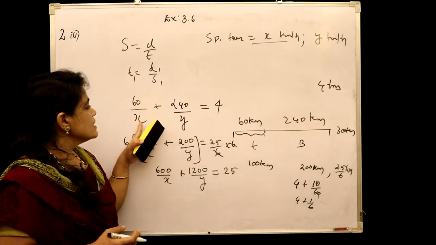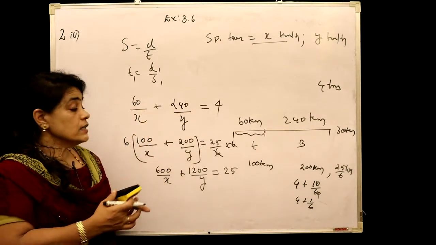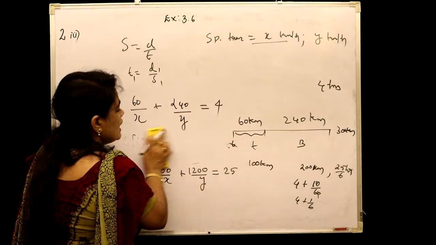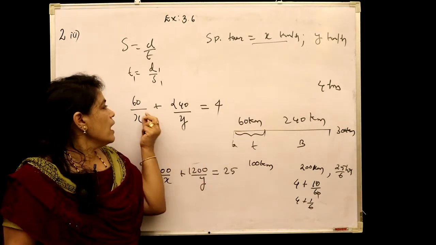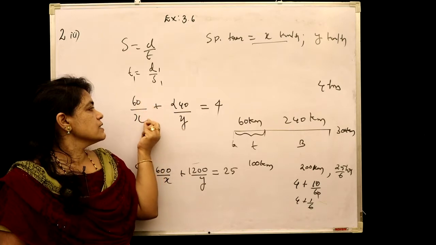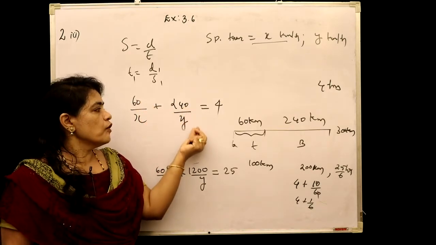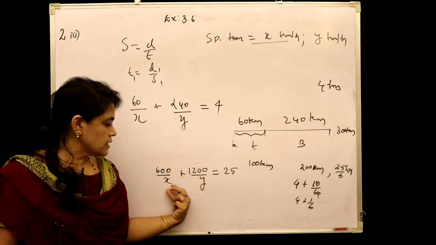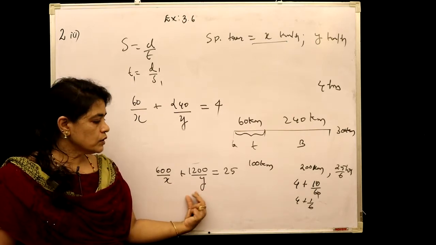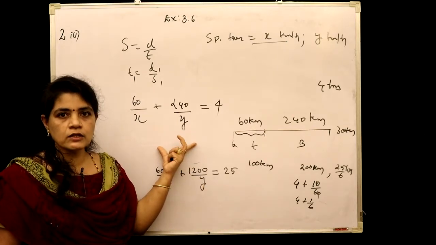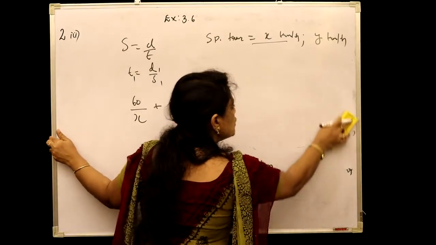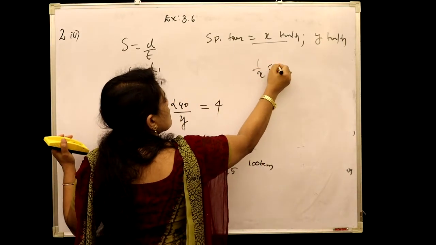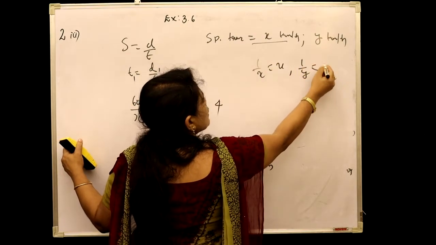Okay, now see the first equation. We have 60 by x plus 240 divided by y is equal to 4. Yes, now we have the first equation, that is 60 by x plus 240 by y is equal to 4. Here 600 by x. Here both variables are in the denominator, so we can give the substitution 1 by x is equal to u, 1 by y is equal to v.